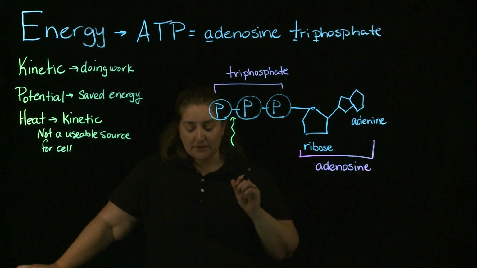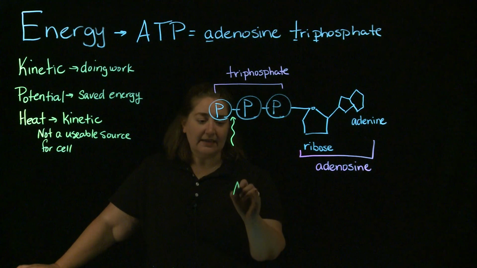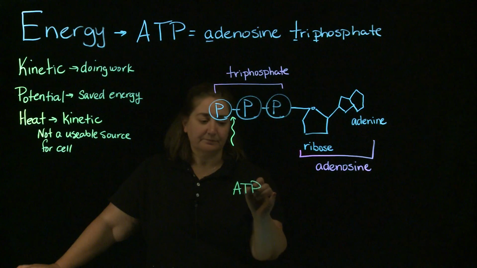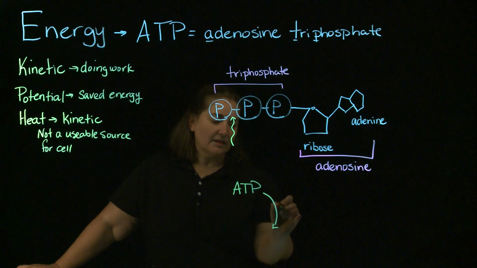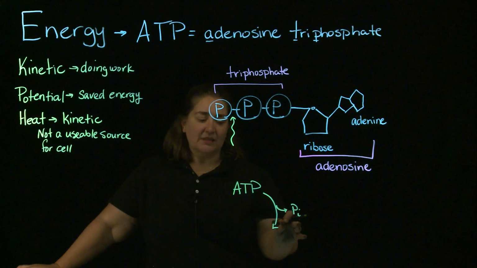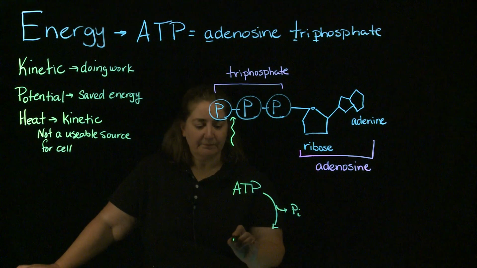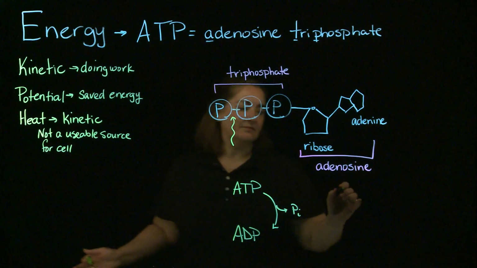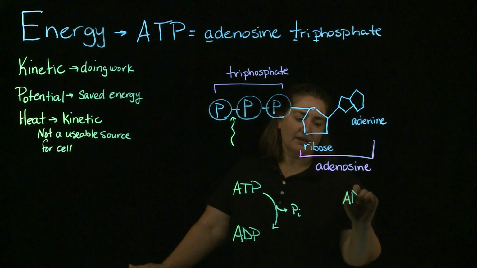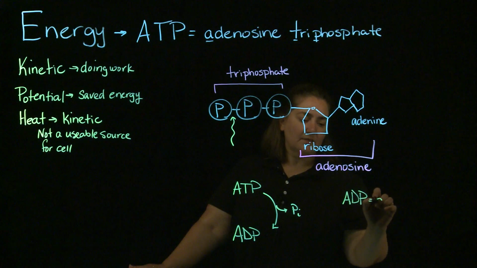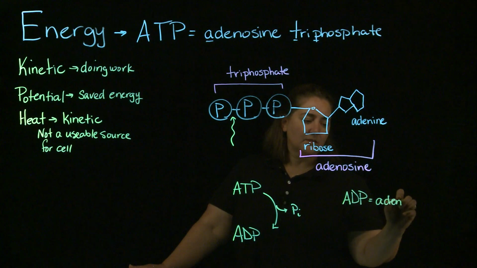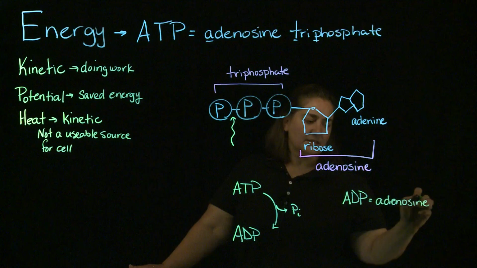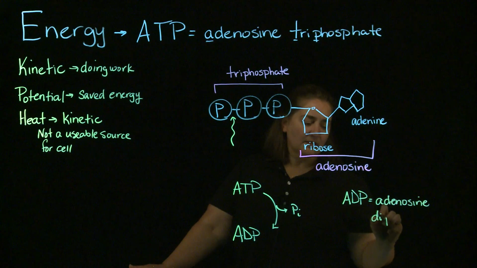What happens is that ATP can lose a phosphate. The I just means it's a free phosphate. That then becomes ADP. Let me just define that: ADP is our adenosine diphosphate.